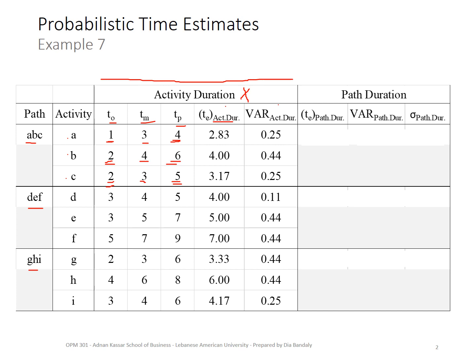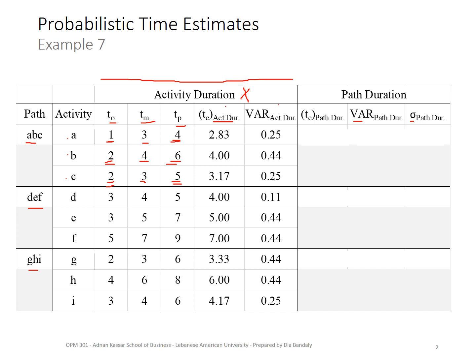I have already explained why I need to first find the variance and then move on to the standard deviation: I cannot sum up the standard deviations of the durations. I can sum up the variances of the durations, find the variance of the path, and then square root it to find the standard deviation.